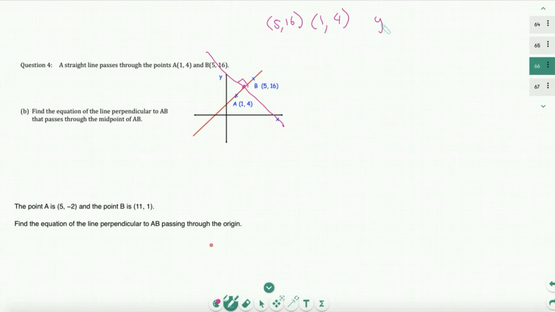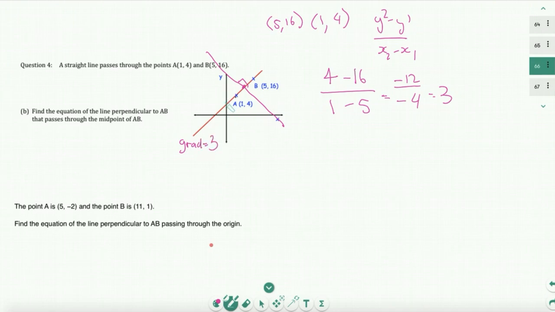And to find the gradient, we'll do y2 minus y1 over x2 minus x1. y2, the second y coordinate, is 4 minus y1, the first y coordinate, is 16, over x2, the second x coordinate, is 1 minus the first x coordinate, 5. 4 minus 16 is -12. 1 minus 5 is -4. -12 divided by -4. A negative divided by a negative is a positive. And 12 divided by 4 is 3. So we know this line has a gradient of 3.